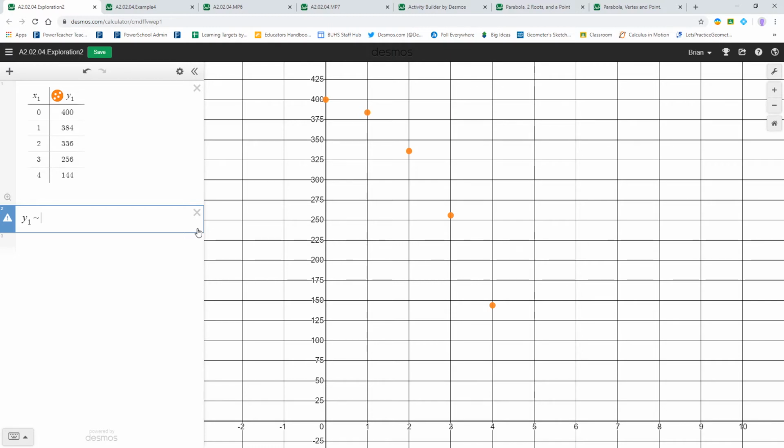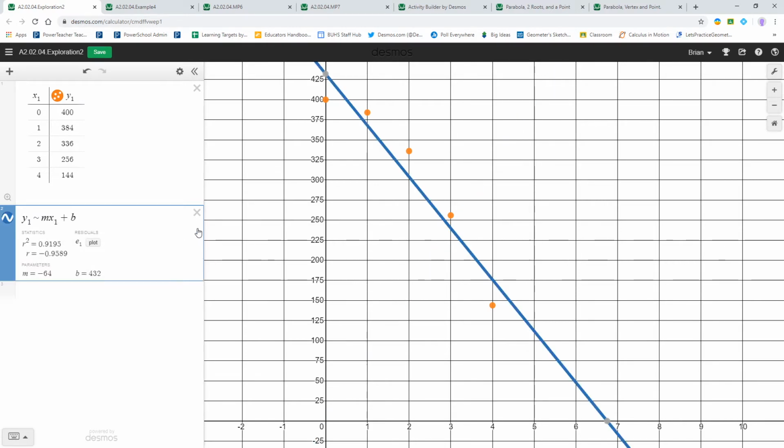And so let's say I was doing y equals mx plus b. So I could actually do y is approximately m parentheses x1 plus b, and it'll give me a line that represents that equation, all right, or represents that data set. And it doesn't do a great job, right? It's missing most of them, and you can tell that it's kind of curving.